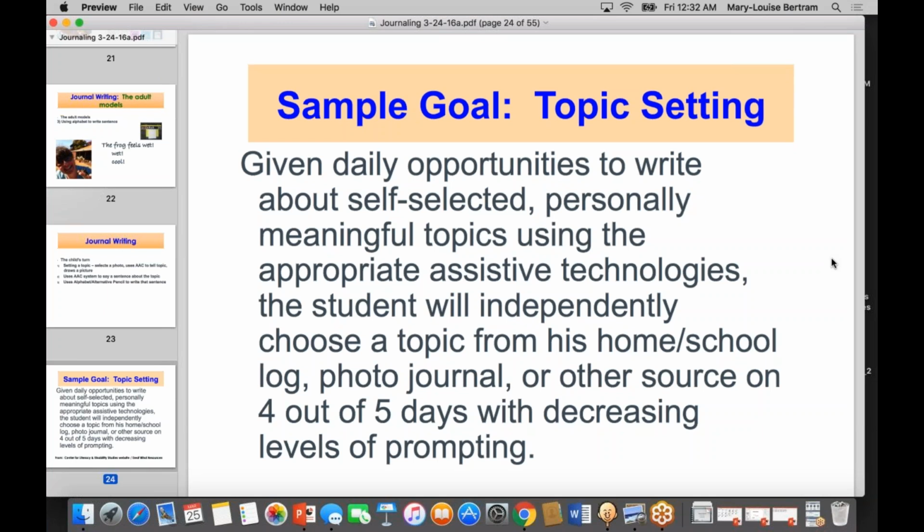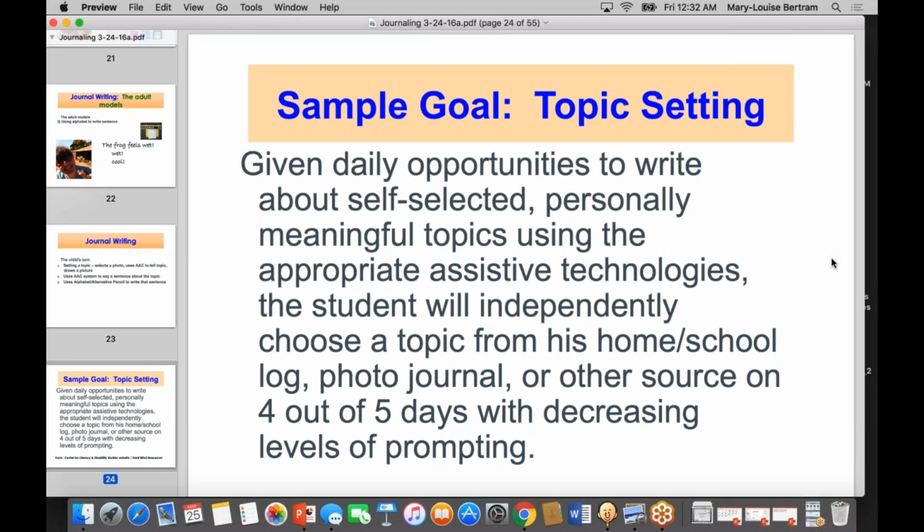And what I really love about this goal, and we've had this come up in numerous IEP meetings over the last couple of years since we've been using the centre's goals, is that when students are refusing to engage in writing, when they're refusing to choose topics, and this is the goal, and they say, we can't do this anymore because we're giving the daily opportunities and they're not doing anything, we're having to increase the prompts, it's becoming a behavioural thing.